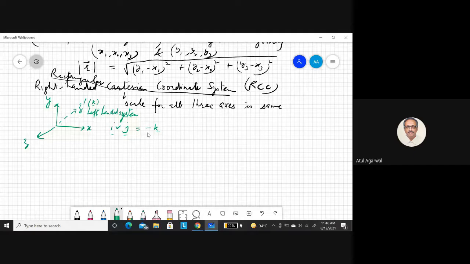So you have to put a minus sign. So your cross product rules change when you use a left-handed system. So always use a right-handed system, otherwise you may get into a problem of sign. Now, what are the other properties of vectors?